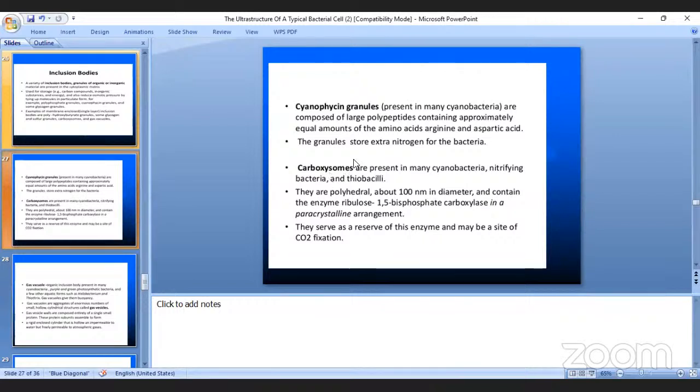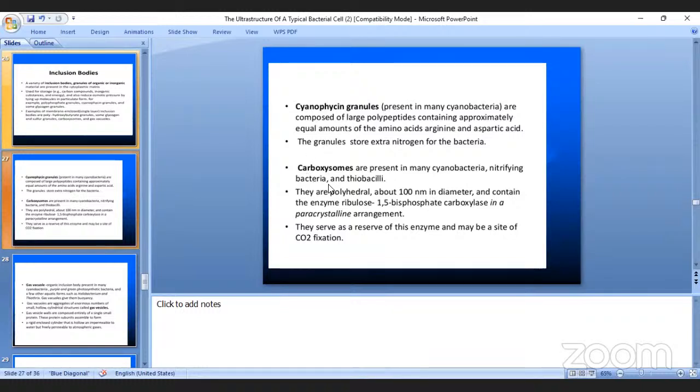They are composed of large polypeptides containing approximately equal amounts of amino acids. The granules store extra nitrogen for the bacteria. So this is the function of cyanophycin granules.